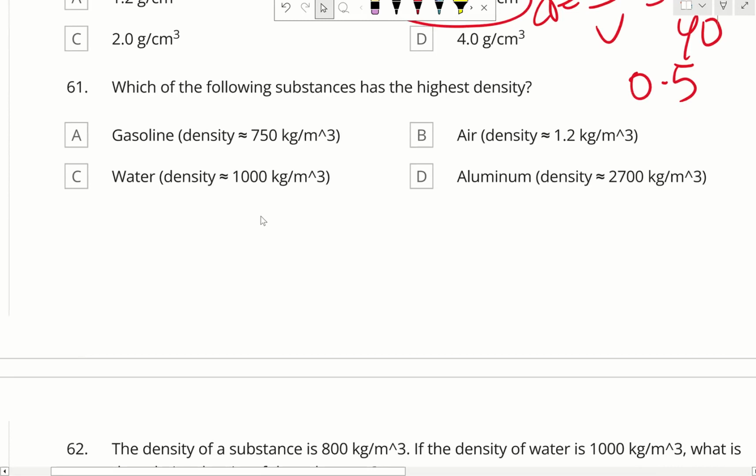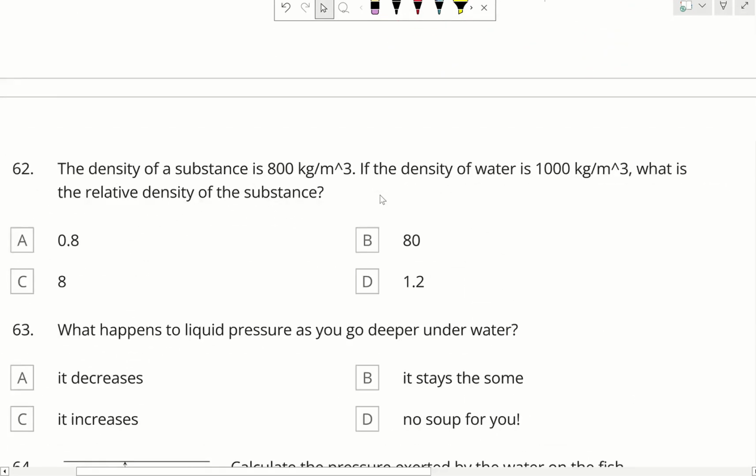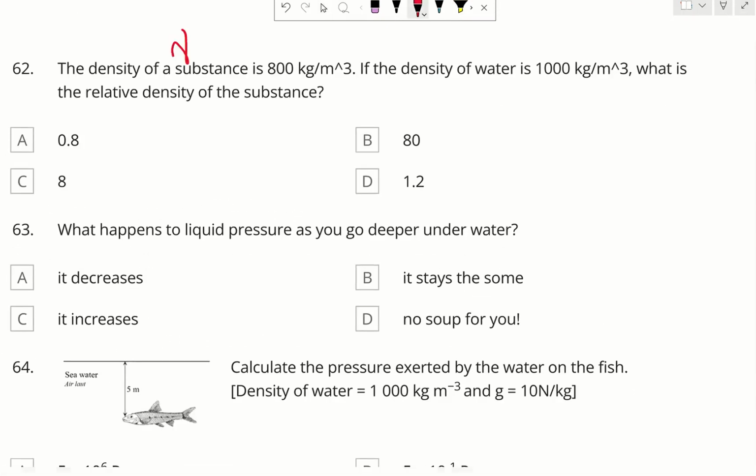Which of the following substances has the highest density? So which one has the highest number, or the biggest number? Aluminium. We should know that because aluminium is a metal. It's very dense. Number 62, the density of a substance, so D equals 800 kilograms per cubic meter. If the density of water is 1,000 kilograms per cubic meter, what is the relative density?